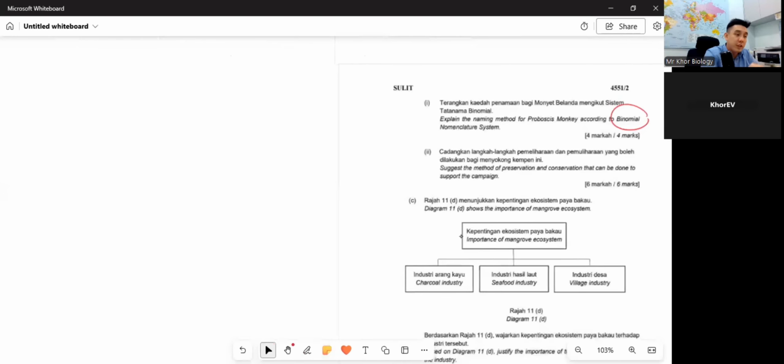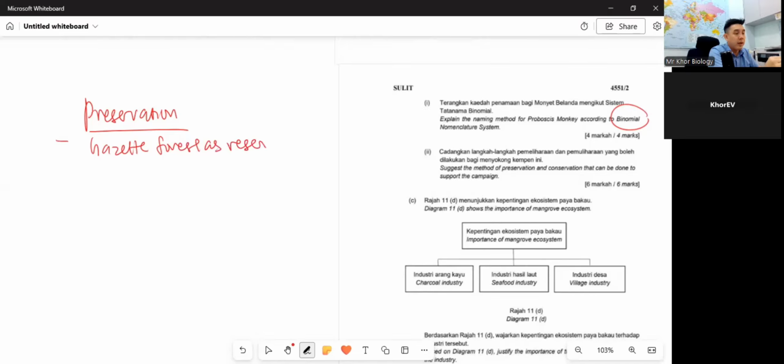Let me just write. Okay, I'll change position a bit. In terms of preservation, we can gazette forests as a reserve forest.